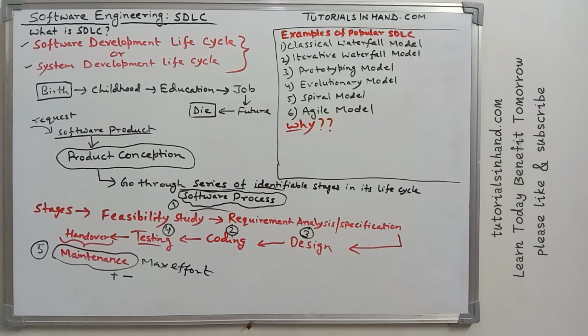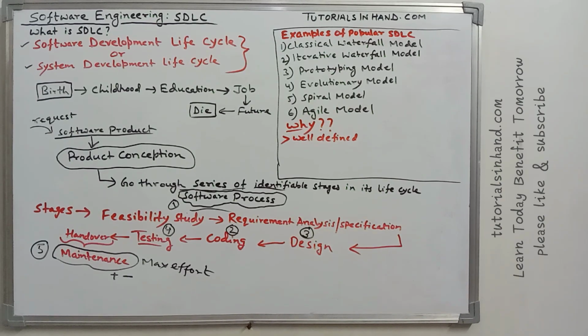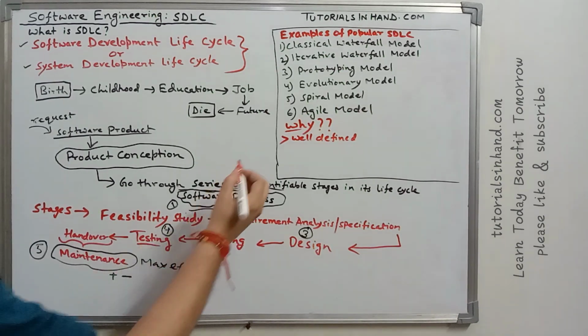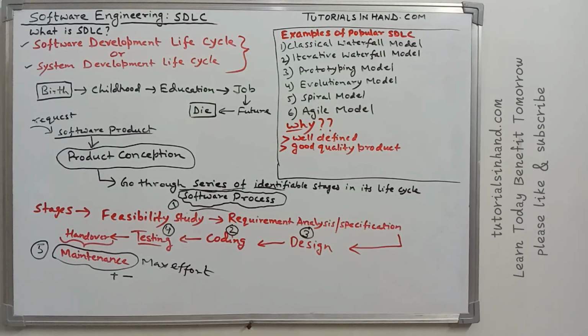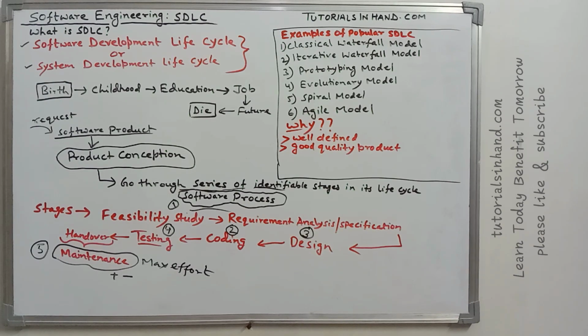And if you follow these life cycle models, you will go through a suitable, well-defined life cycle structure, and you will end up getting a good quality product, and you will also save time and budget, that is cost as well. So these are some benefits which you will get if you follow the proper life cycle model.